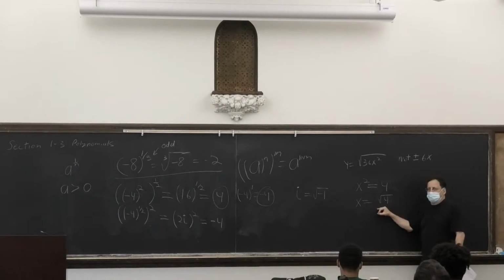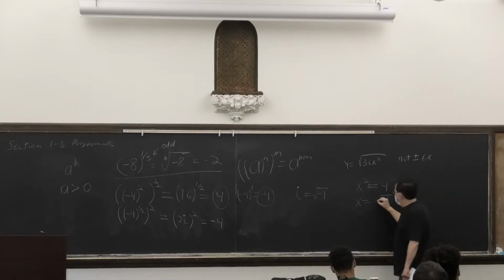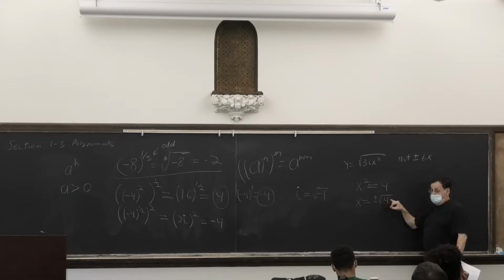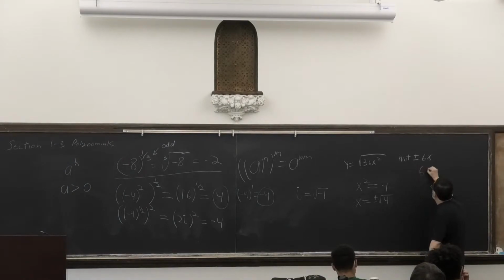And in fact, in high school, when you first get this, they might have said, yeah, the square root of 4 could be 2 or minus 2. But in mathematics, this symbol means the positive square root. So I could write this, that would be correct, plus or minus the square root of 4, which is positive 2. Right. So here, you might think, oh, well, maybe, so it's 6x, right? But it's not.